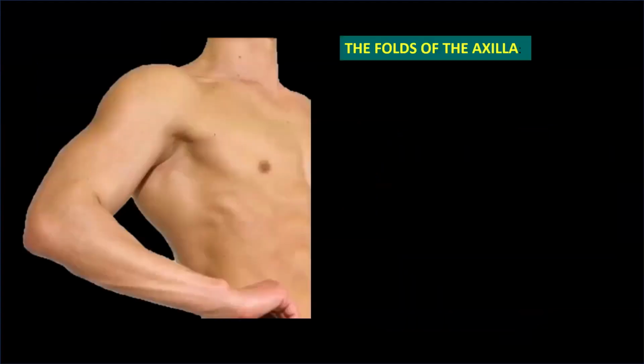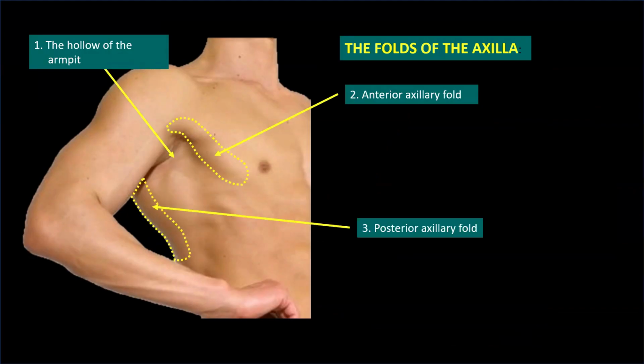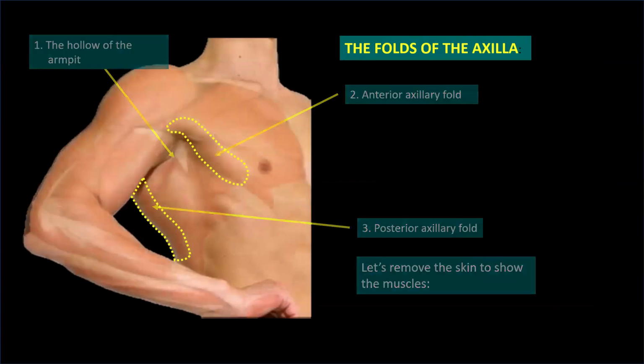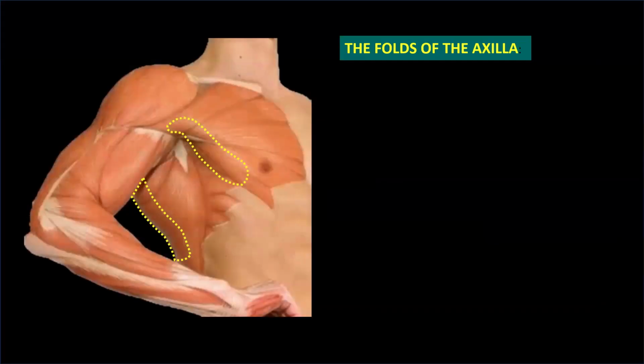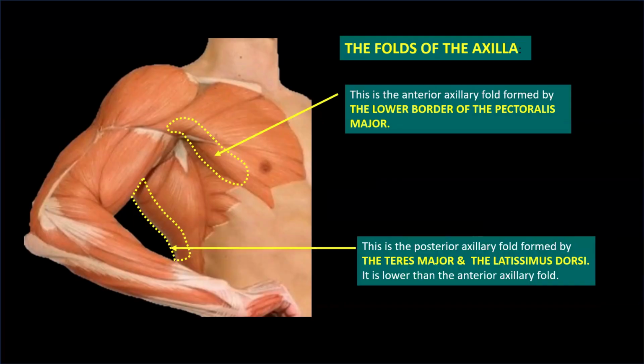The folds of the axilla. 1. The hollow of the armpit. 2. The anterior axillary fold. 3. The posterior axillary fold. Let's remove the skin to show the muscles. This is the anterior axillary fold formed by the lower border of the pectoralis major.